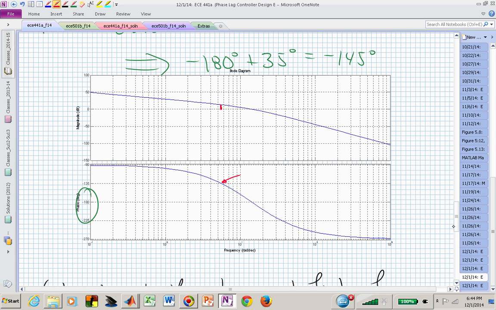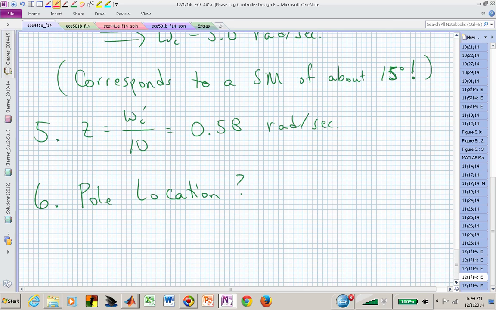Or to create this new gain crossover frequency, I need to drop my gain or introduce some attenuation.